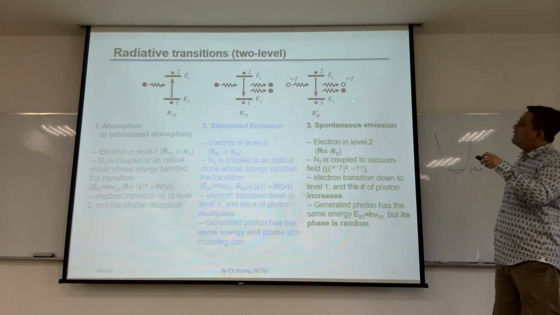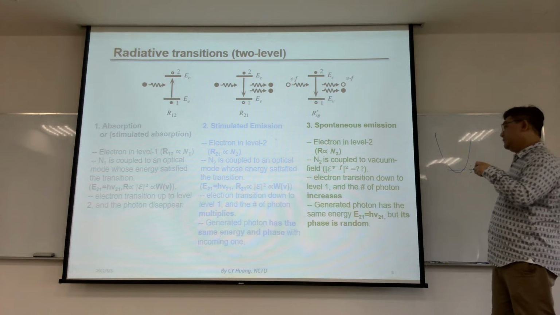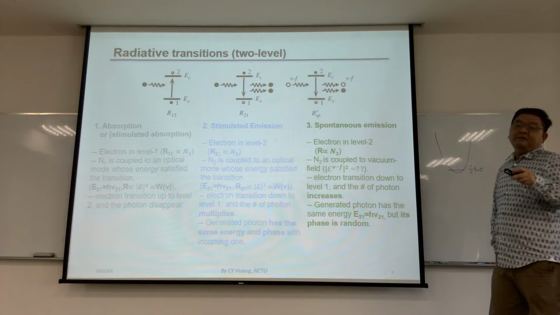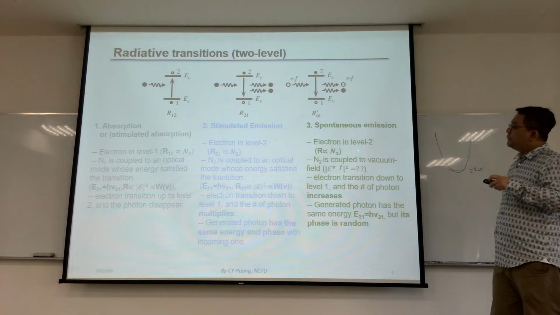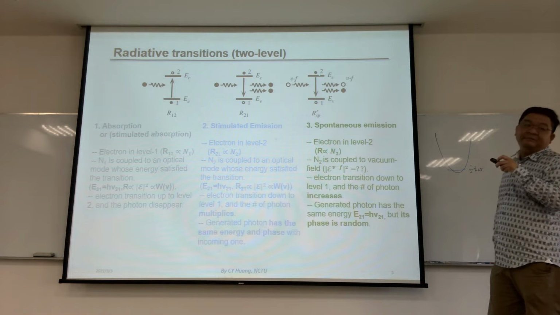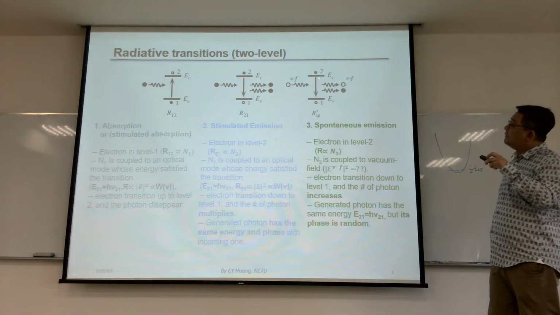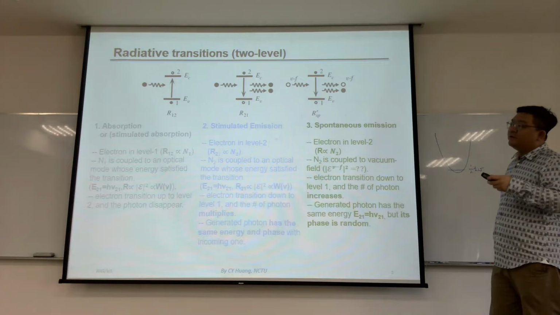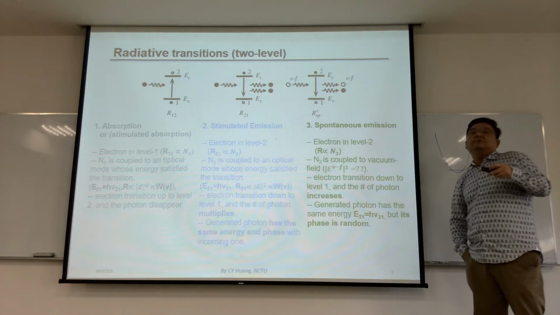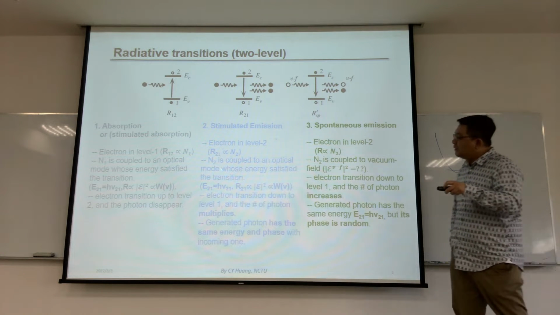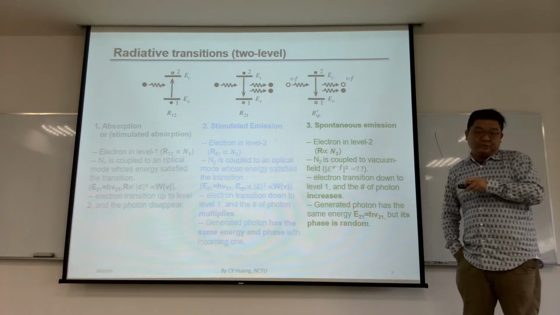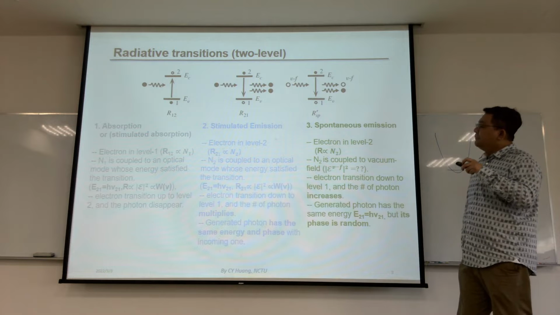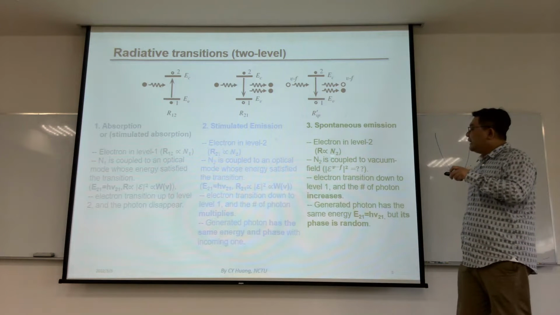Then it gives another photon out. From the perspective of the rate equation, it is also proportional to the electron density at the high level, level 2, N2. However, because it doesn't involve real photons in the cavity, it is no longer proportional to the E squared. So we can simply write it down as a proportionality constant times N2.